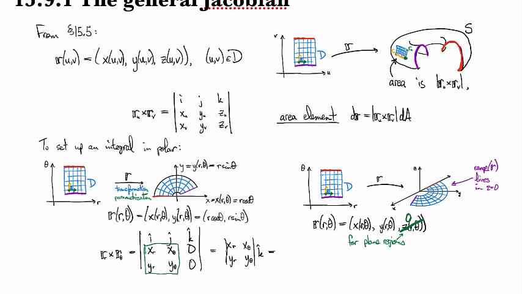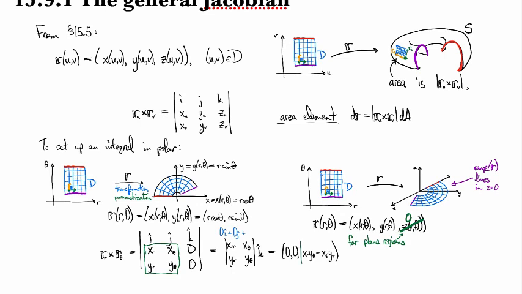In other words, it's the vector with 0 in the first component and 0 in the second, because there's no i component and no j component, and then we have x_r y_theta minus x_theta y_r.